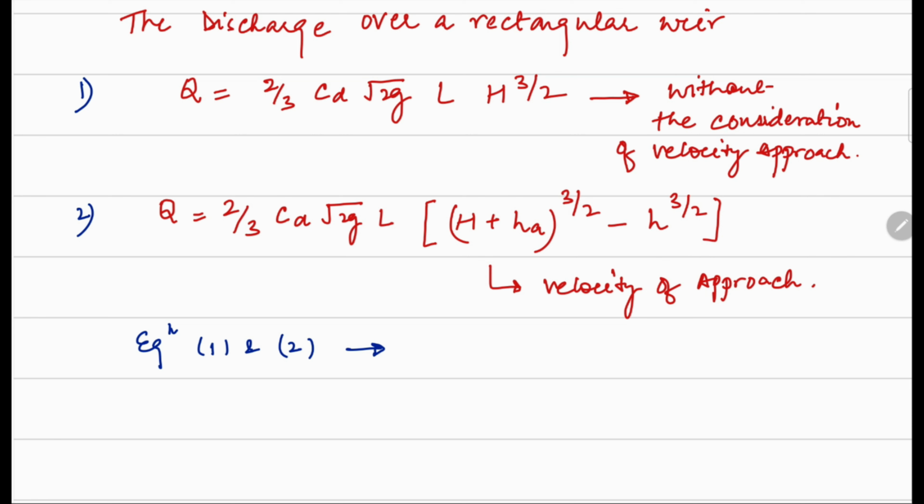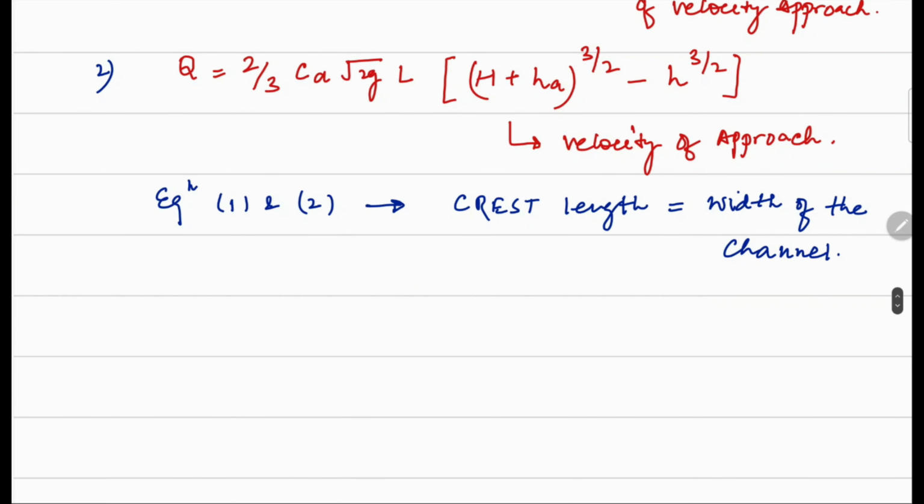That means we can say that our crest length is equal to the width of the channel. In other words, there is no contraction in the weir. All such weirs where there is no contraction and the crest length is equal to the width of the channel are called suppressed weirs.